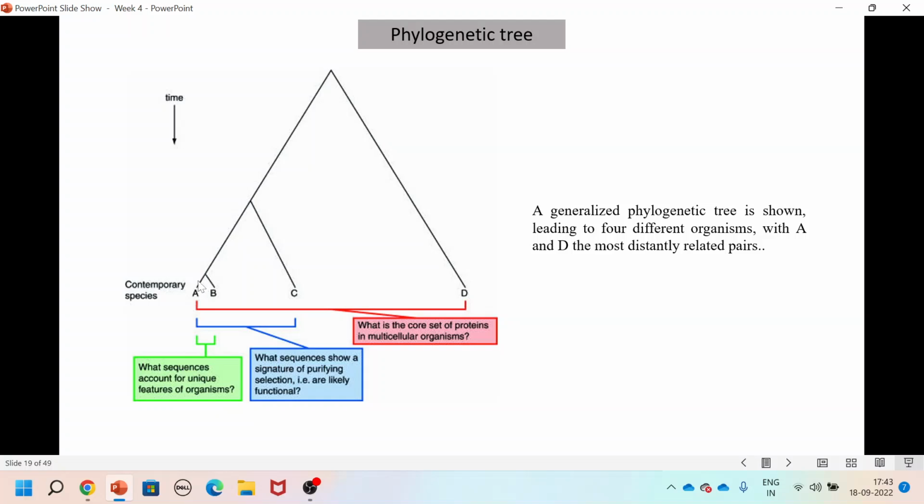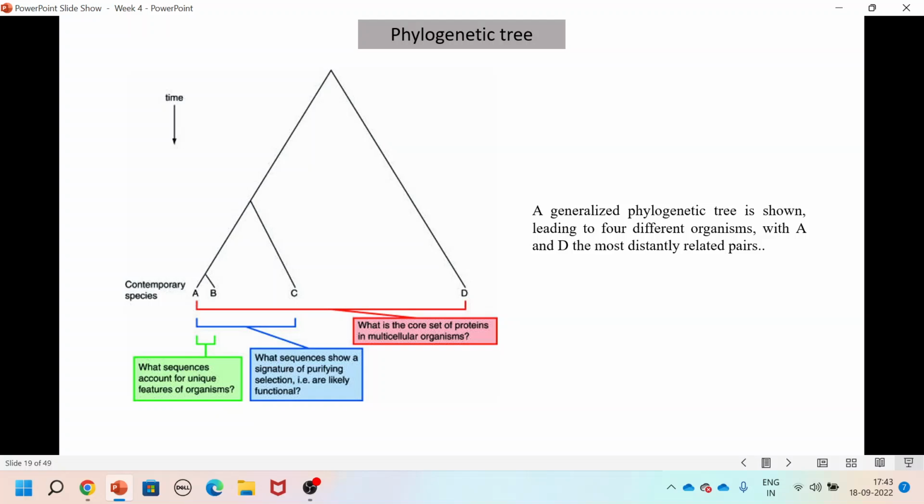Since this organism evolved from the species present at this node, it must have accumulated more changes. So, we can say that A and B must be closely related as compared to A and D.